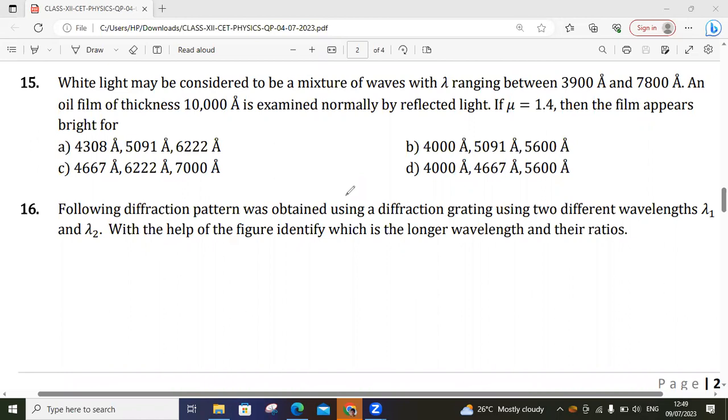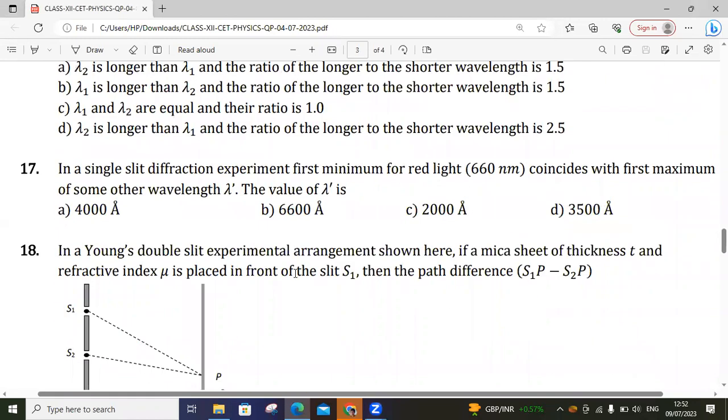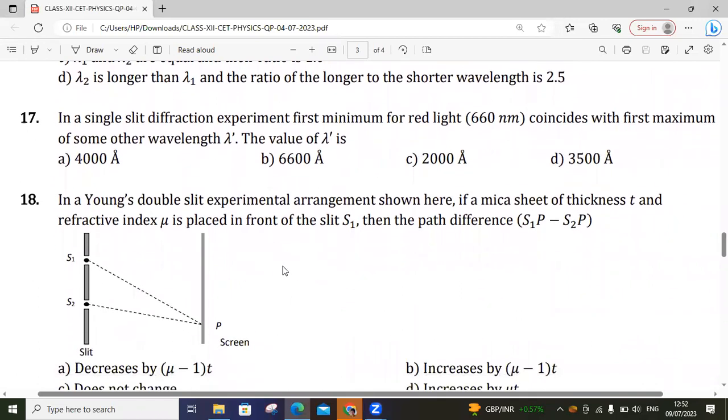Okay. Just wait. Okay. 15th I will explain to you. 15th and 16th I will explain later.